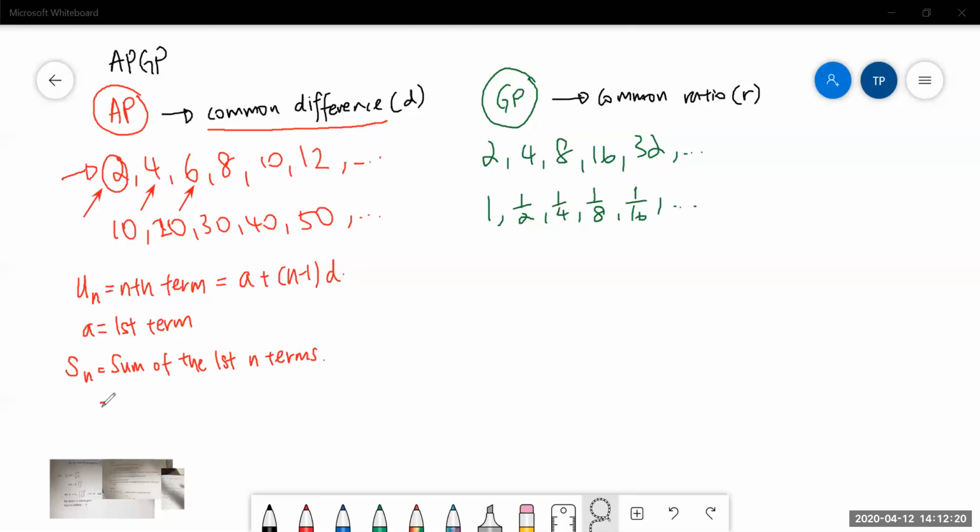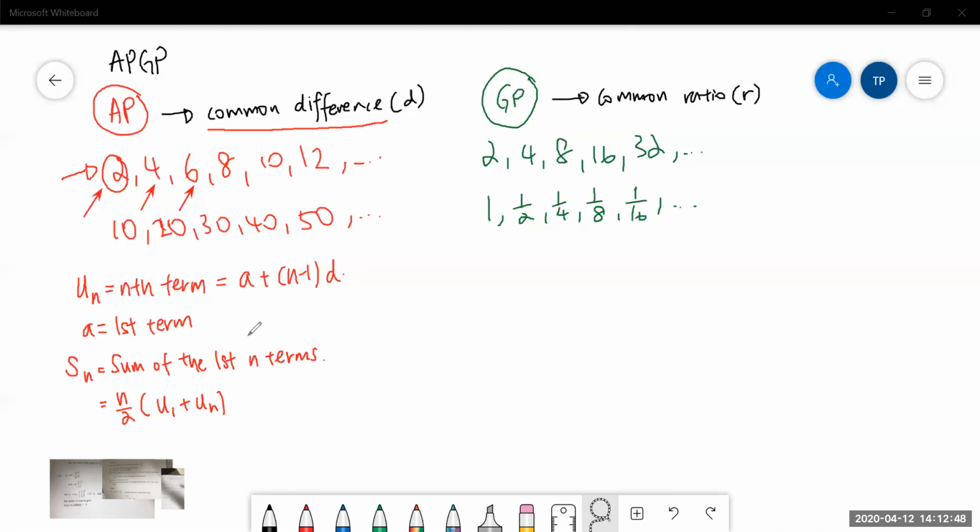So it's equal to n over 2, u1 plus un. What is u1? U1 means the first term.